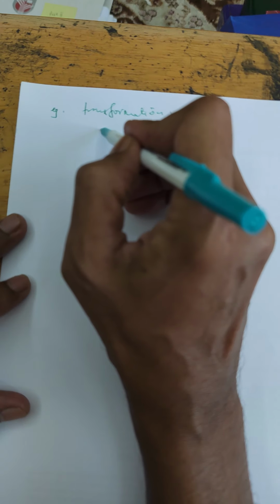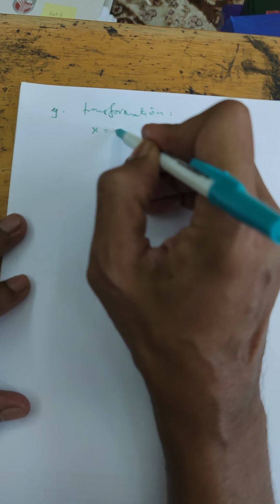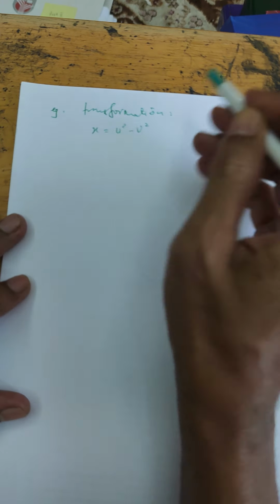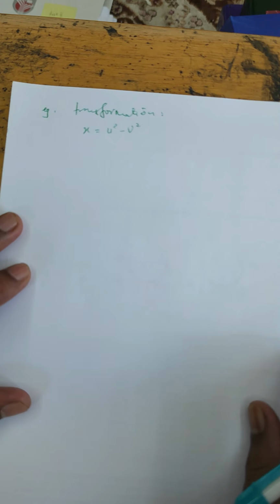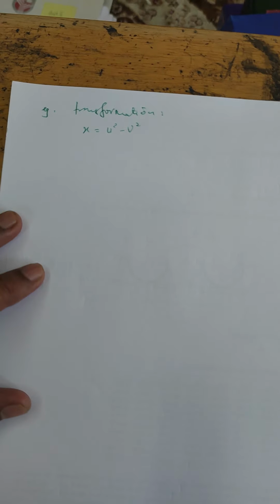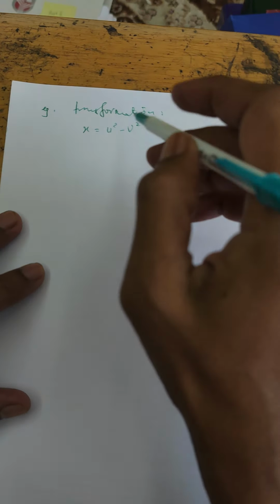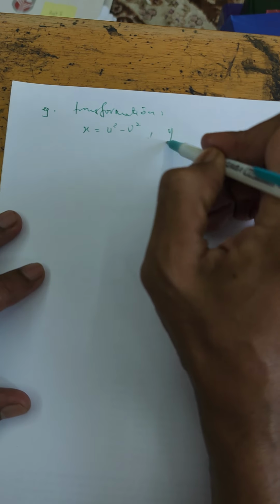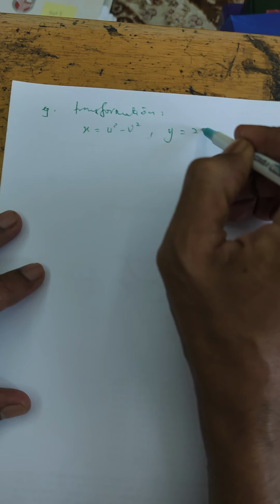We define our transformation as x equals u squared minus v squared, and y equals 2uv.